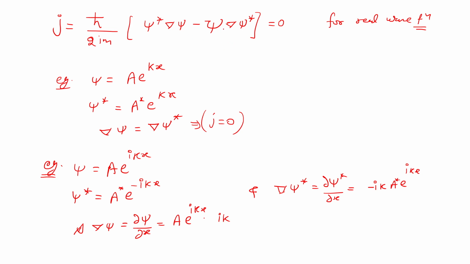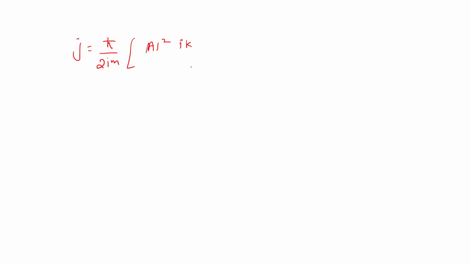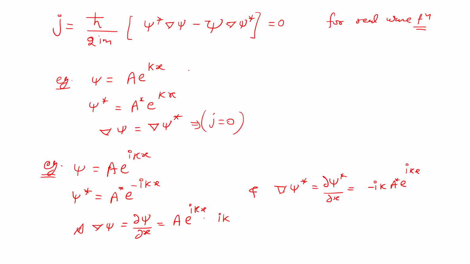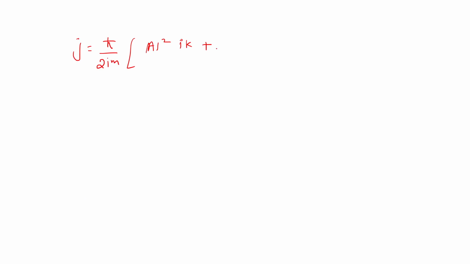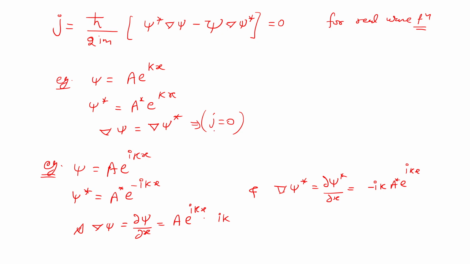And now you don't have to compare with equal to 0. Okay? Only this equation you see. This is 0 for a wave function which is real. Then on the other side we have minus psi and del psi star. So from this minus and this minus we will get a positive sign, and here again a and a star will make it, this time you have to take del psi star and psi.